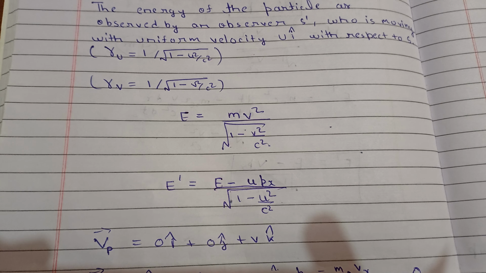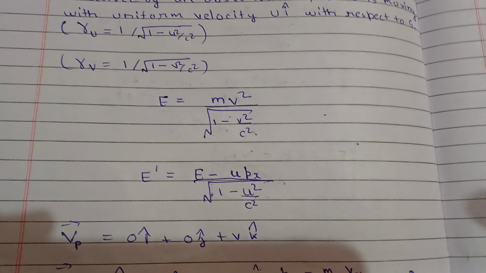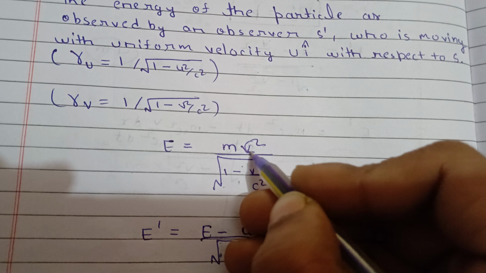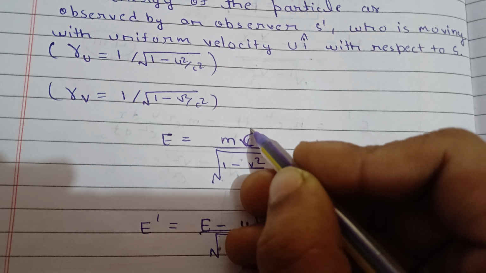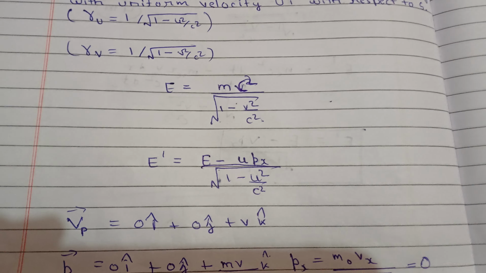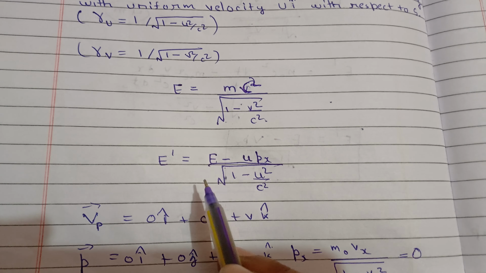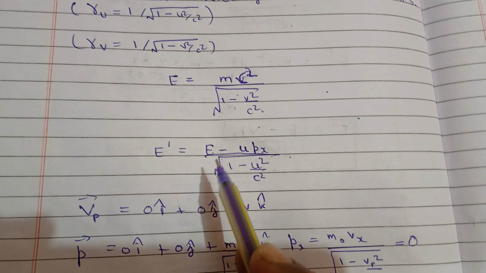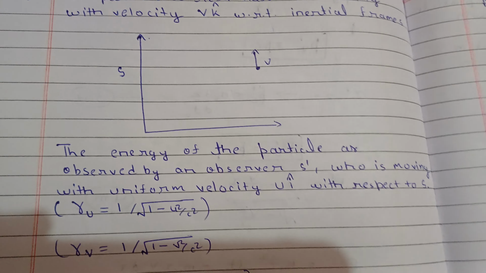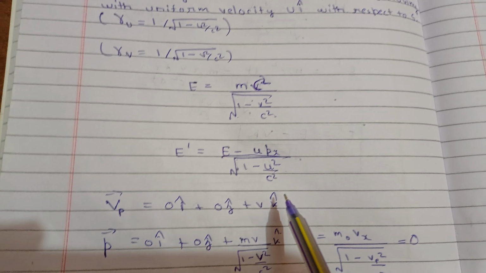If you just correct it, let us see here. You know the formula, mc square. Okay, so if we calculate the energy in the S prime frame, that will be given by this expression, we just derived it. E prime is E minus u px, u is the speed at which the frame is moving, divided by root 1 minus u square by c square.